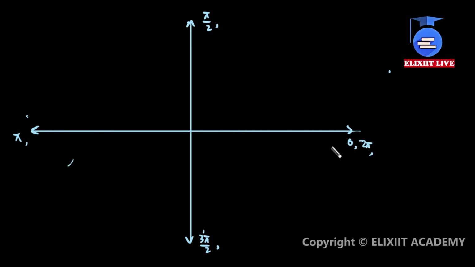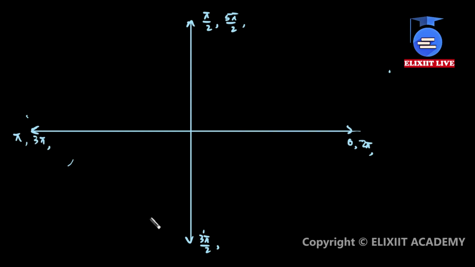Then after 2 pi, 4 pi by 2 is gone. Then this will be 5 pi by 2 next, isn't it? If you keep on rotating, the next rotation will be 5 pi by 2. Then next will be 6 pi by 2. 6 pi by 2 means 3 pi.